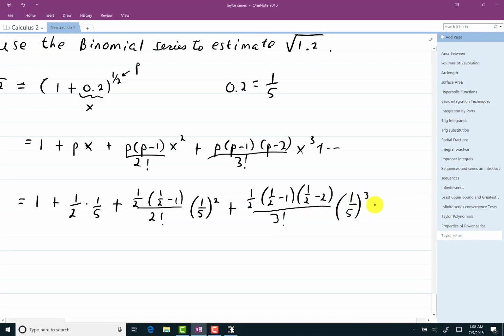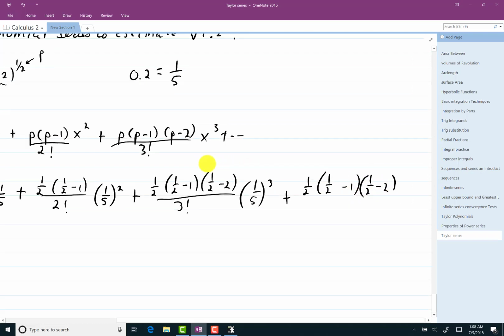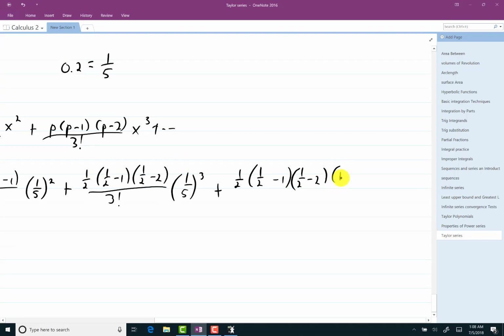And then I'll do one more just so you can see the format. 1/2 minus 1, 1/2 minus 2, 1/2 minus 3, all over 4 factorial times 1/5 to the 4th. And that goes on and on and on.